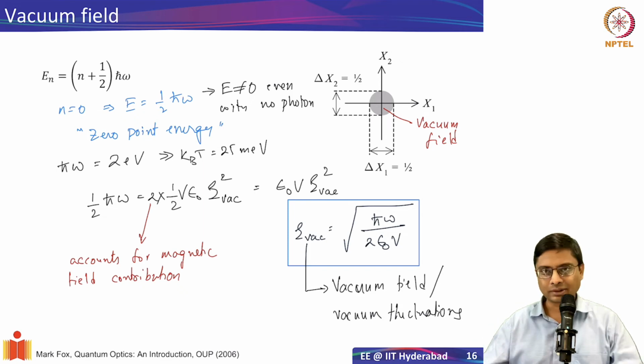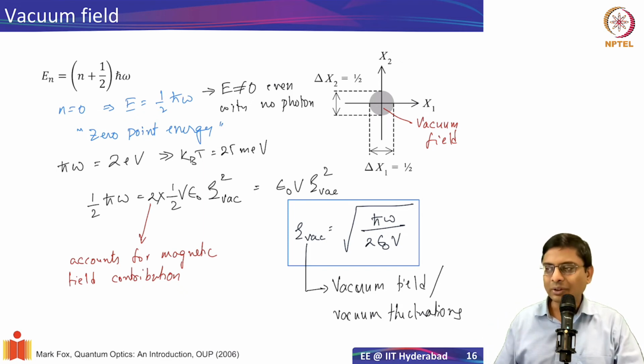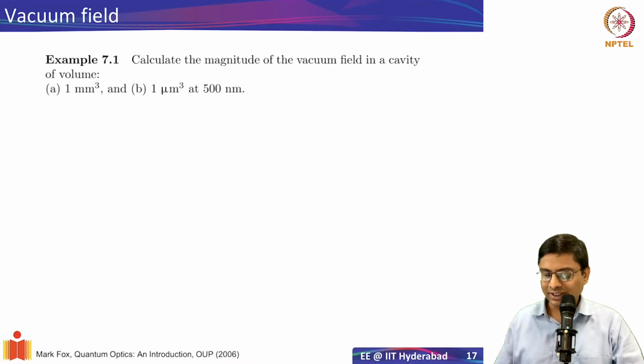All right. Now let's try to compute what this field is and how much it is going to be. This is an example: calculate the magnitude of the vacuum field in a cavity of volume 1 millimeter cube at 500 nanometers. What will be the electric field if you have a large volume of 1 millimeter cube?